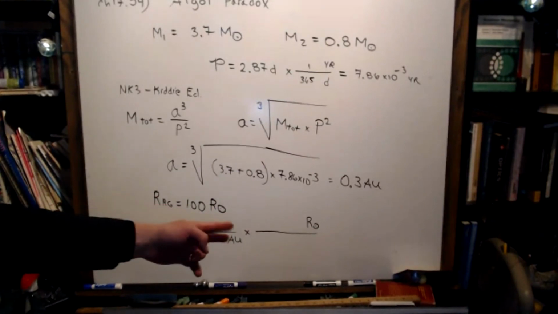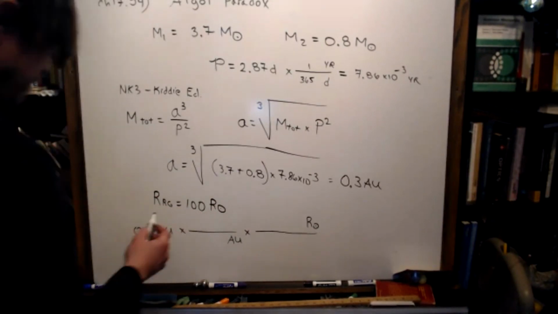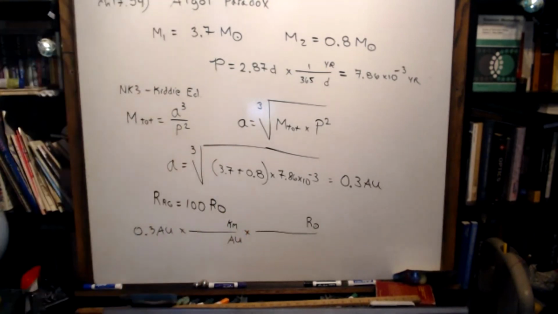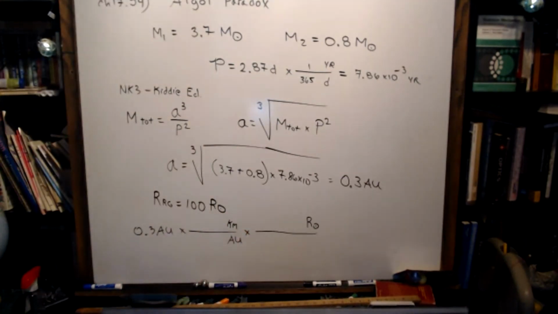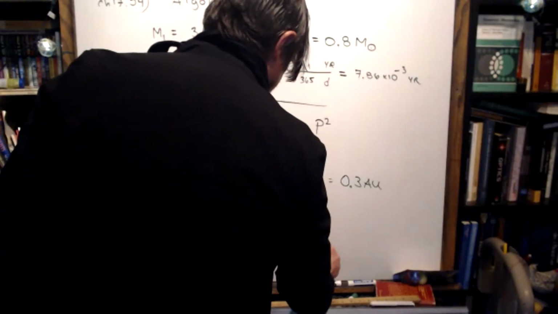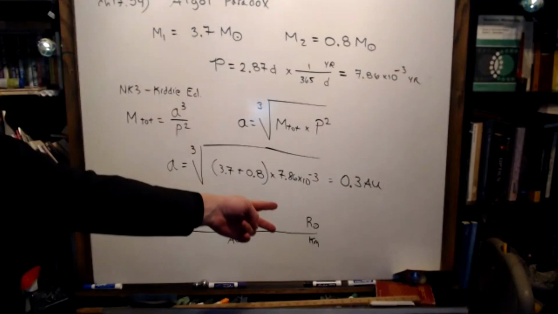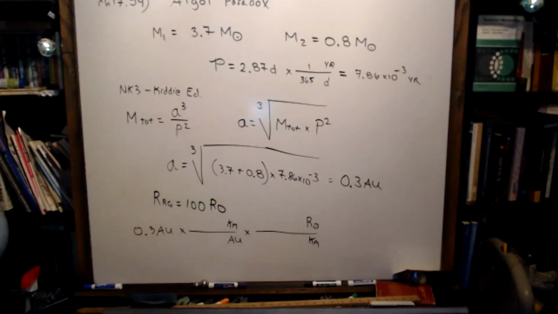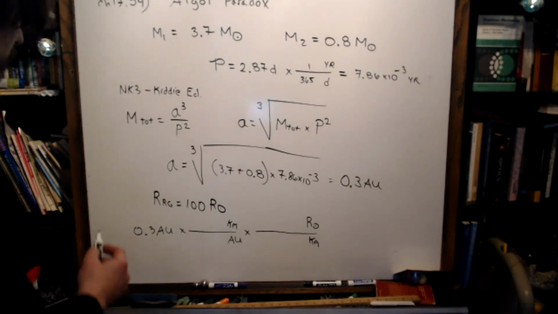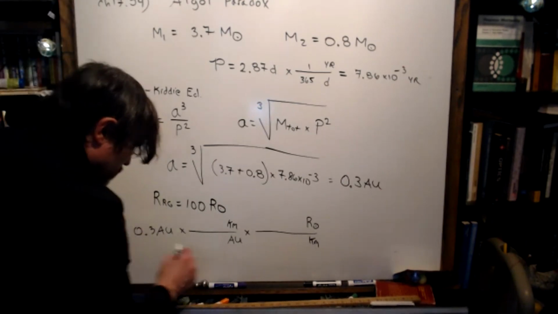I think it has at least AU to kilometers, right? AU to kilometers, and then kilometers to meters. No. At some point I gave you solar radii. Put 1 on the bottom.